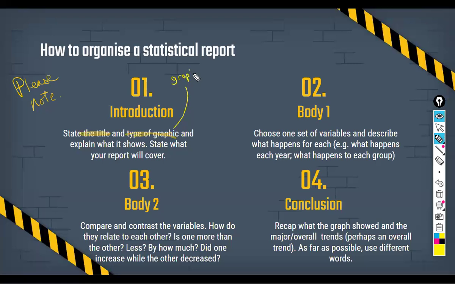Whatever the question tells you, however the question refers to it, that's how you could refer to it, right? Line graph, bar chart, or histogram, table, right? All right. But a general word for it is still graphic. And then you have to say what it shows. So we said there's an x-axis and a y-axis, right?